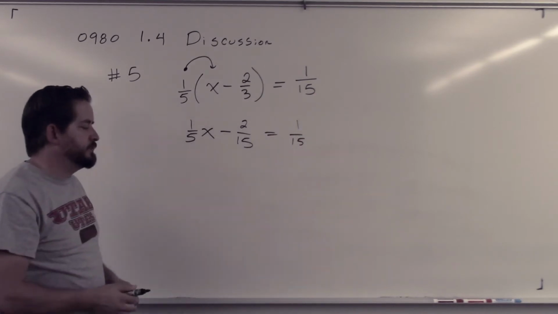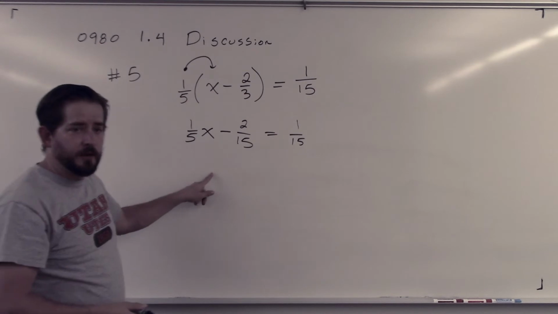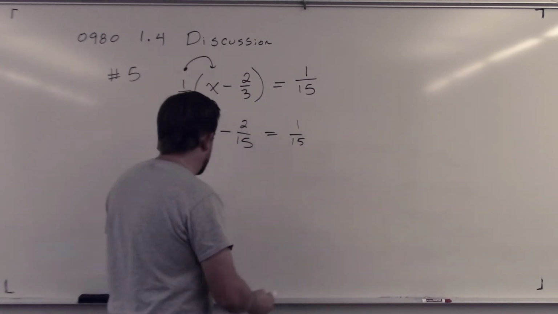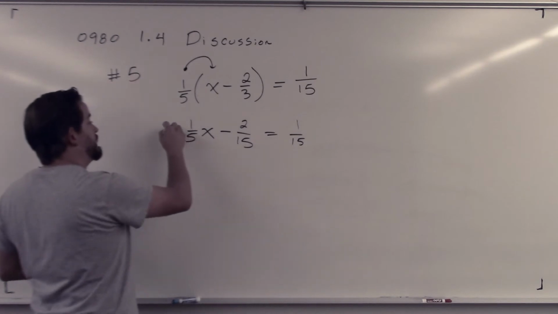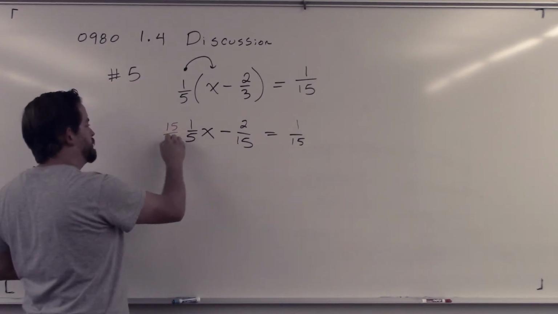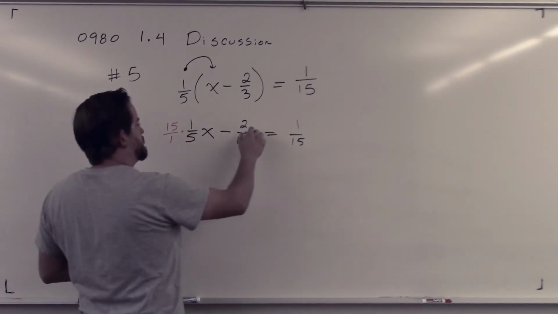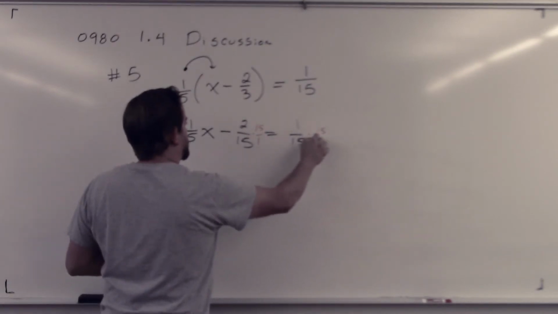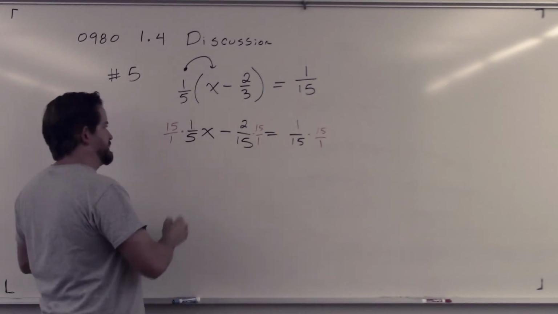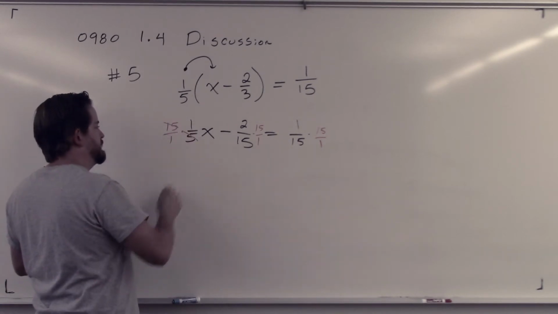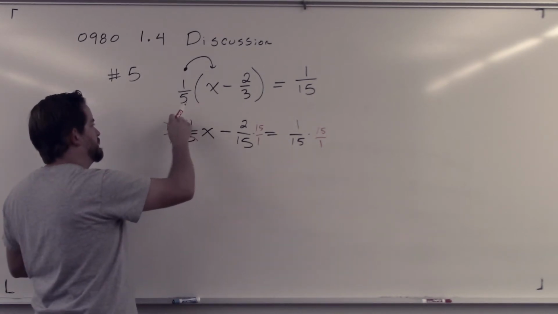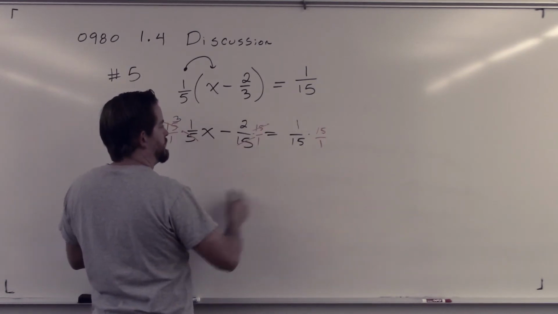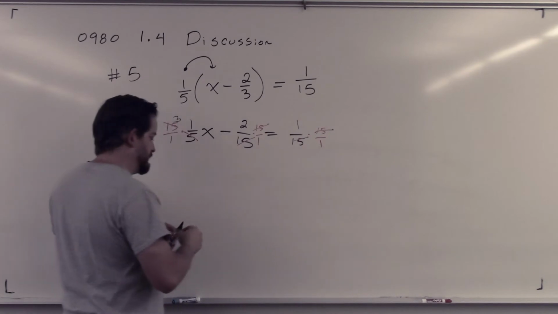It's nice and convenient then to say, well, my common denominator is 15, so I'm going to multiply everything by 15, or 15 over 1 if you want. How does that cancel stuff out? The 15 and the 5 cancel, leaving me with just a 3. The 15 and the 15 completely cancel here, and then the 15 and the 15 completely cancel here.